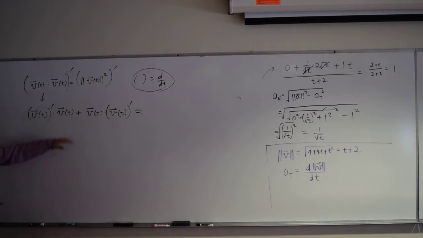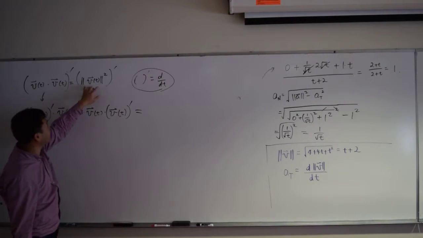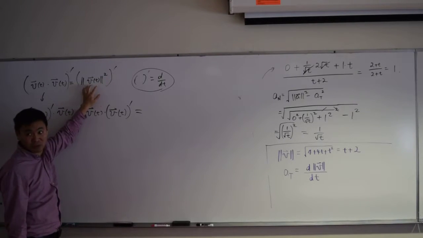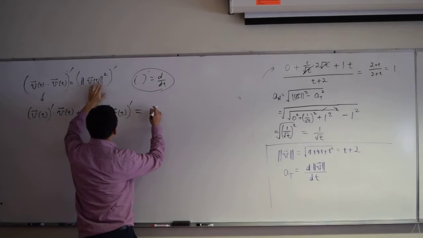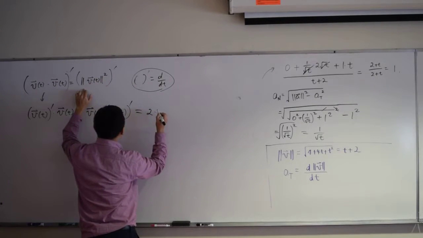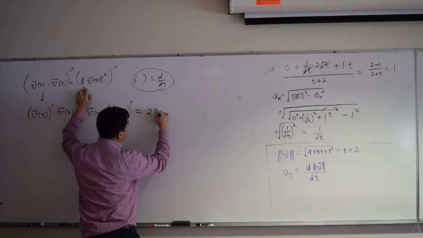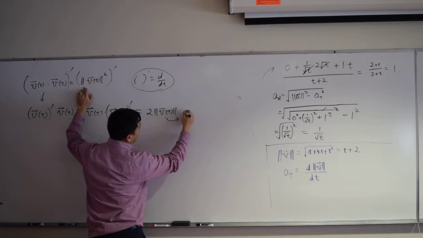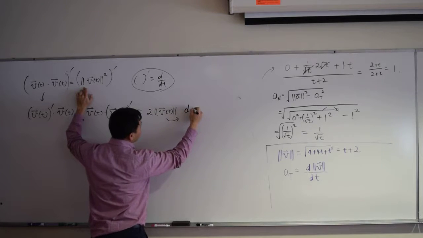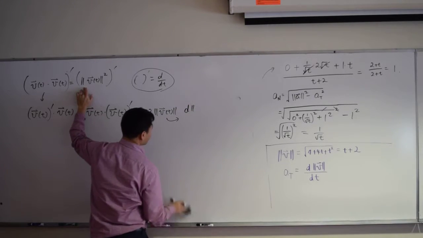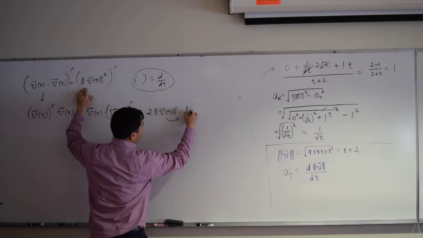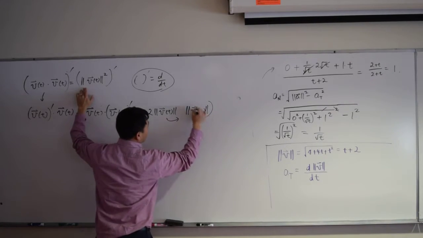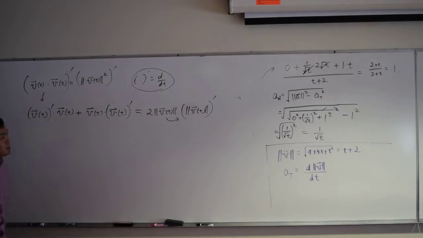Okay? On the right side, this is a nested function. The speed is nested inside the square function. So I can use the chain rule for this. So the chain rule says 2 comes down, and then times the inside function. And the inside function has to be pulled out and differentiated. So I have to differentiate this thing.